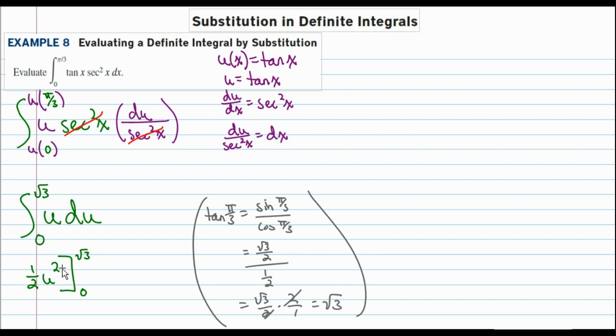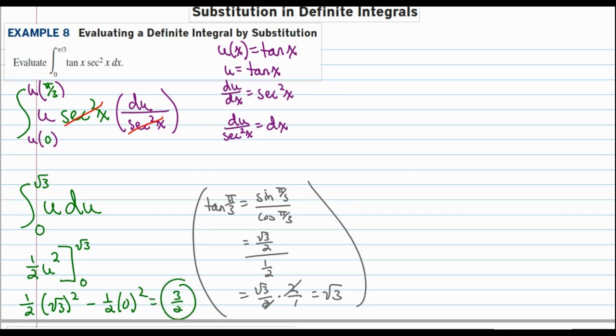That would be 1/2 u squared, and now we evaluate. We don't need to plug in tangent of x anymore, because that would just change the limits back to 0 and pi over 3. We have evaluated it, so we plug right into u. That's 1/2 square root 3 squared minus 1/2 0 squared.